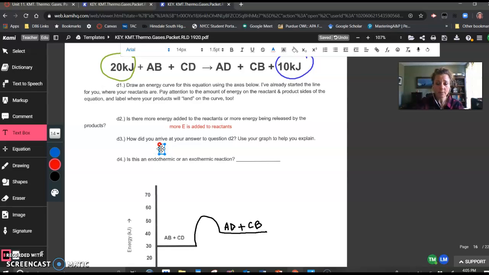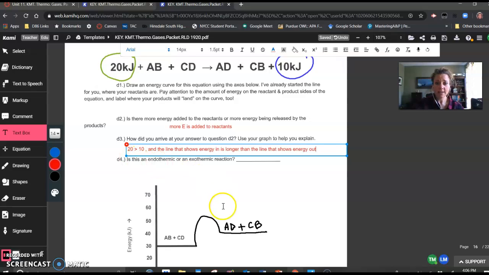Well, 20 is, first of all, greater than 10, and the line that shows energy in is longer than the line that shows energy out.